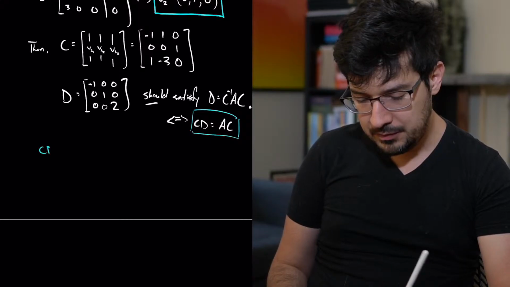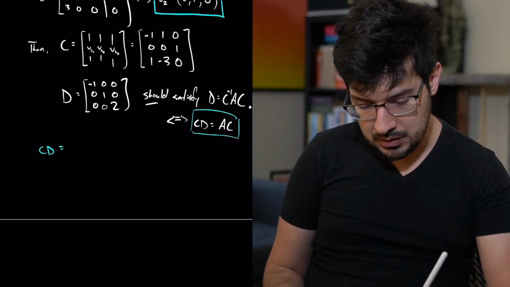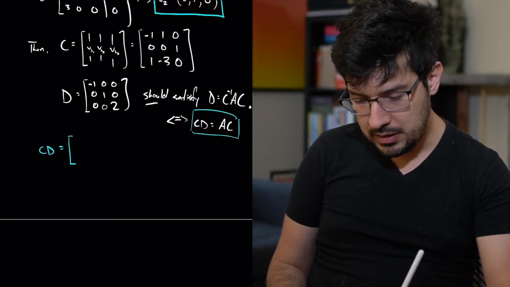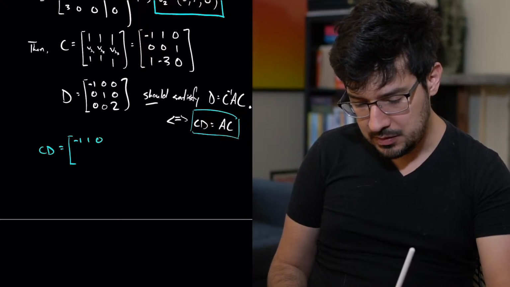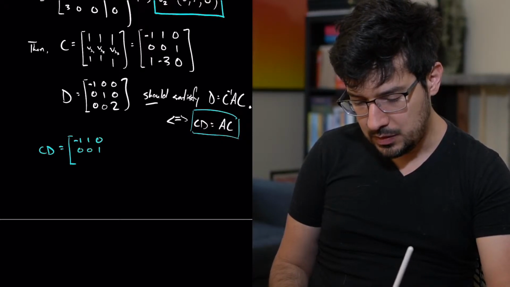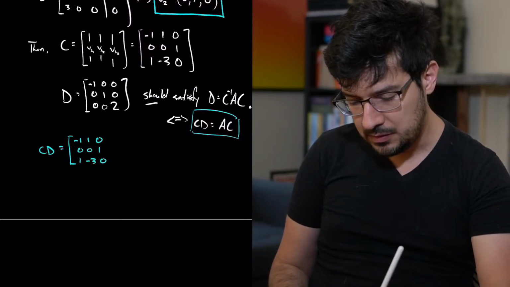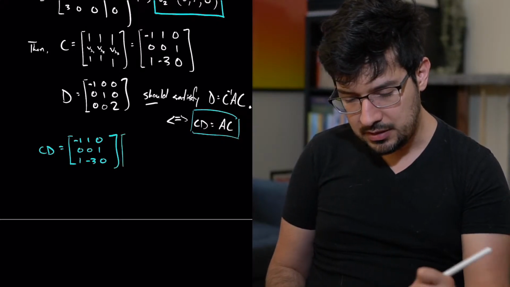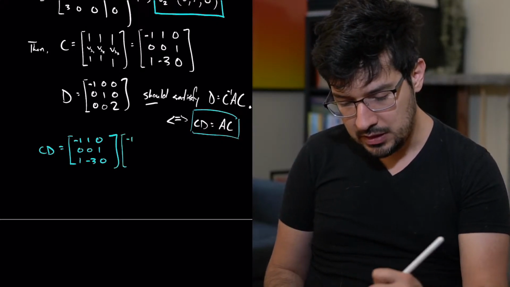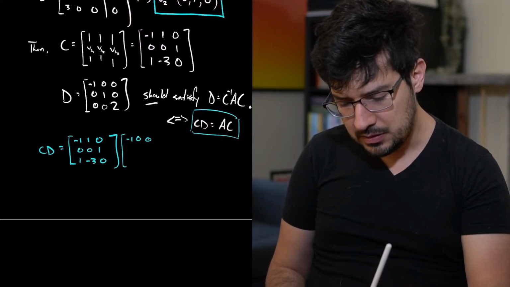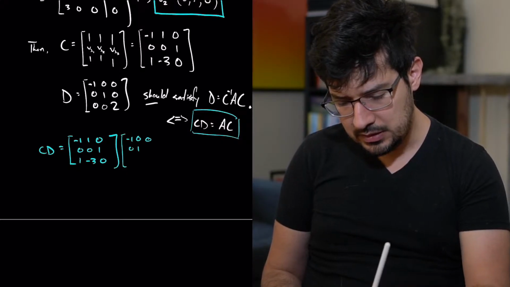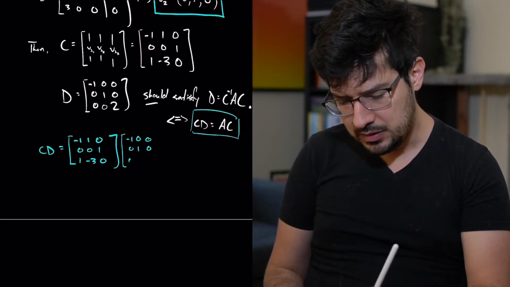CD is equal to -1, 1, 0, 0, 0, 1, 1, -3, 0. Our diagonal matrix is -1, 0, 0, 0, 1, 0, 0, 0, 2.